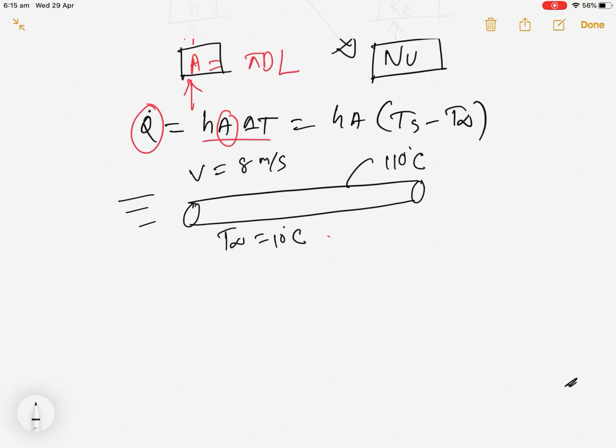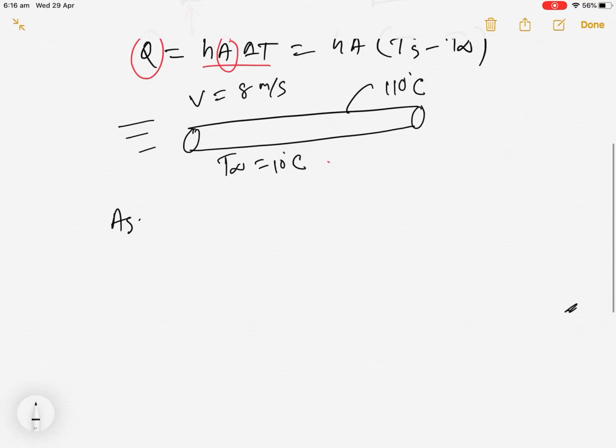So now let's calculate the rate of heat loss. At first, as usual, we need to write down the assumptions. We can say that steady operating conditions exist here.